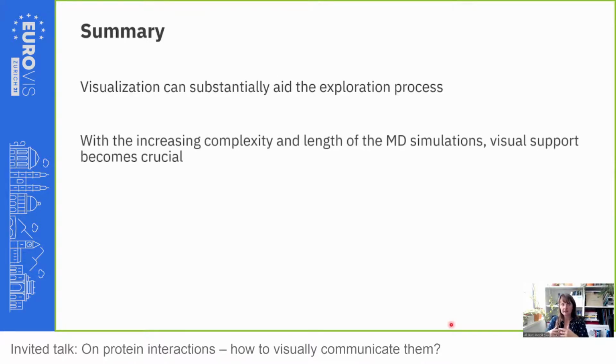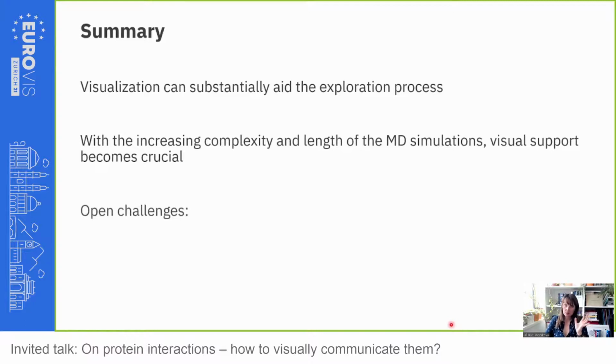With the increasing complexity and the length of the molecular dynamic simulations, as we were seeing at the beginning, the visual support is really crucial to provide the users with, because without that, it starts to be really impossible to somehow understand the behavior of the proteins and interactions between them.